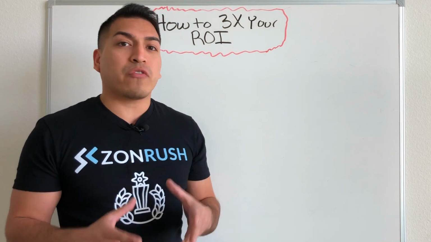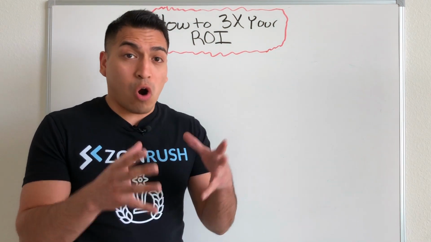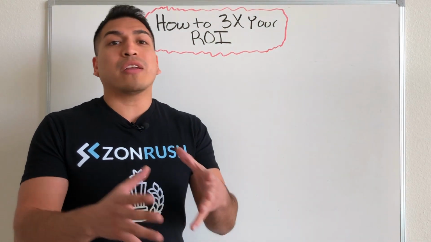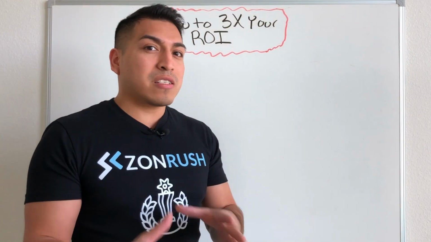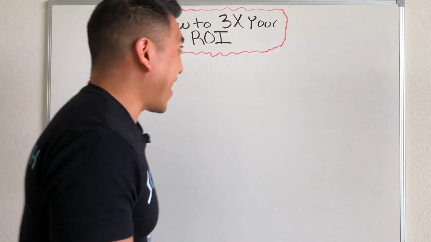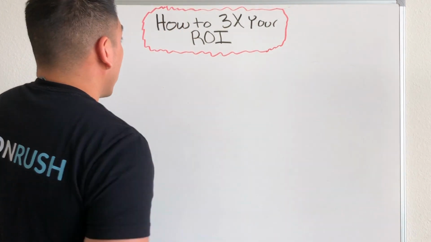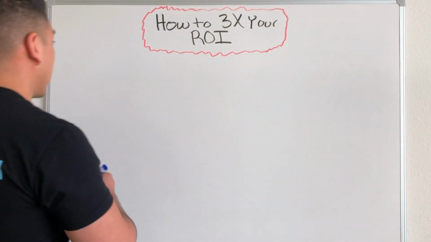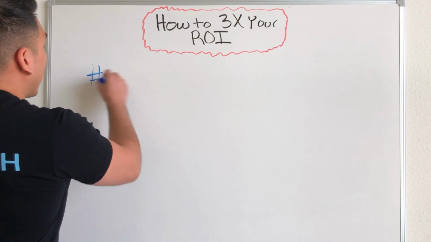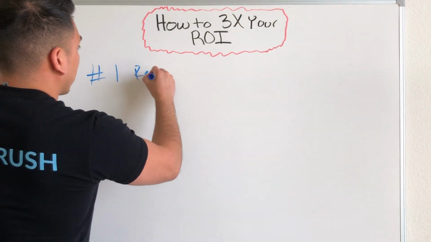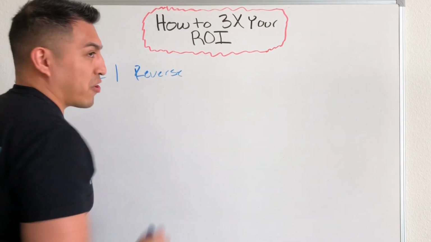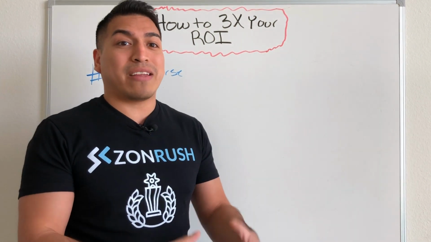So the very first step in increasing your ROI, your return on investment on Amazon, is a bit of a hack really. I haven't seen anyone else show you what I'm about to show you, but the first way is to reverse engineer your competitors' frequently bought together list.